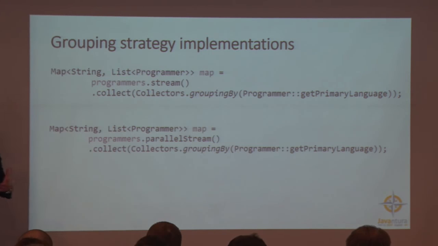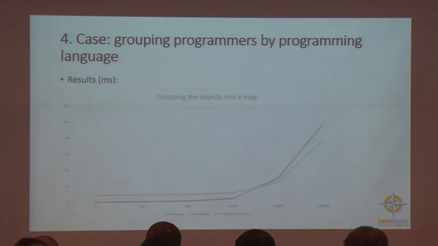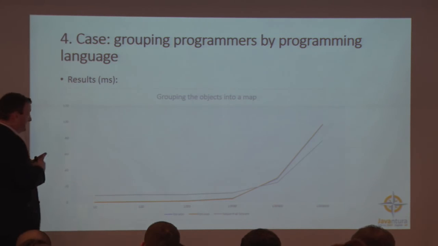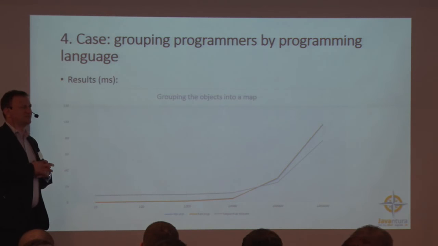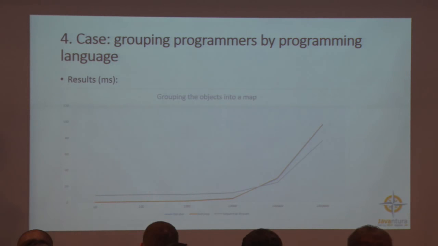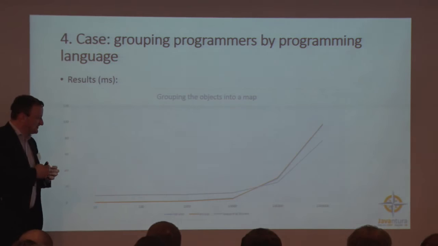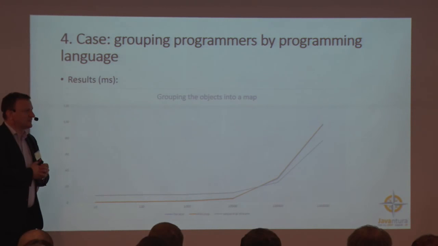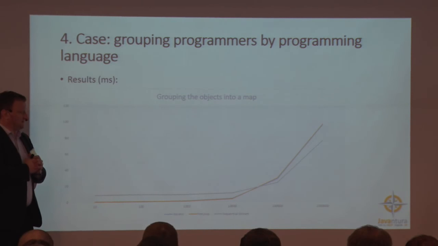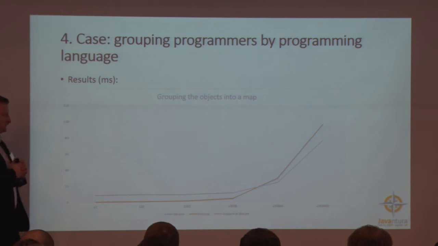What do you think? Almost the same thing. I've noticed that the parallel stream, in 2 out of 10 measurements, generated something that, so to say, blows my mind, because I didn't expect that the time needed for the parallel stream to group things would be like 20 times bigger, but only twice within 10 measurements.